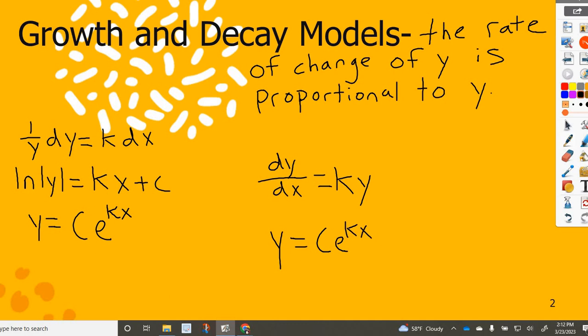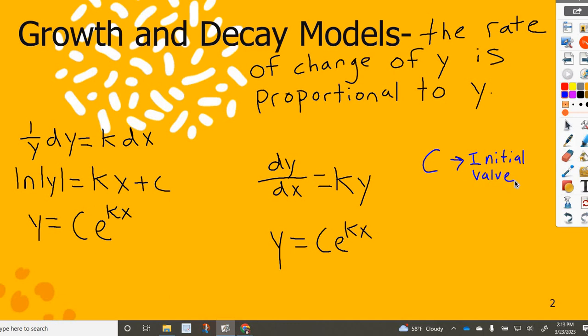What is negative? Okay. So we have a couple of different things that we want to label here. First off, our C is going to be the initial value. Now that could be like a population value, it could be something else, but it will be our initial condition value.